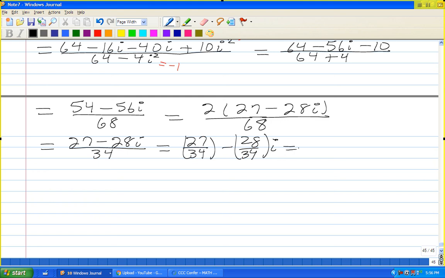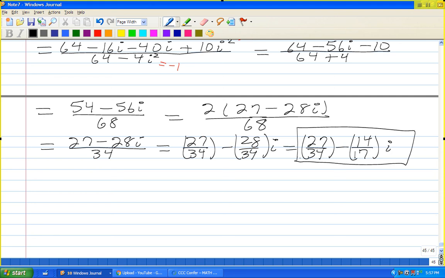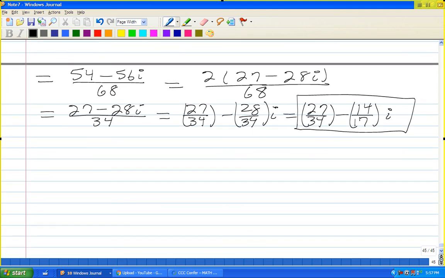So that means I can reduce it further. This is 27 over 34 minus, I can divide 28 and 34 by 2, so that's 14 over 17i. And that is your answer. Let me do problem number 61.